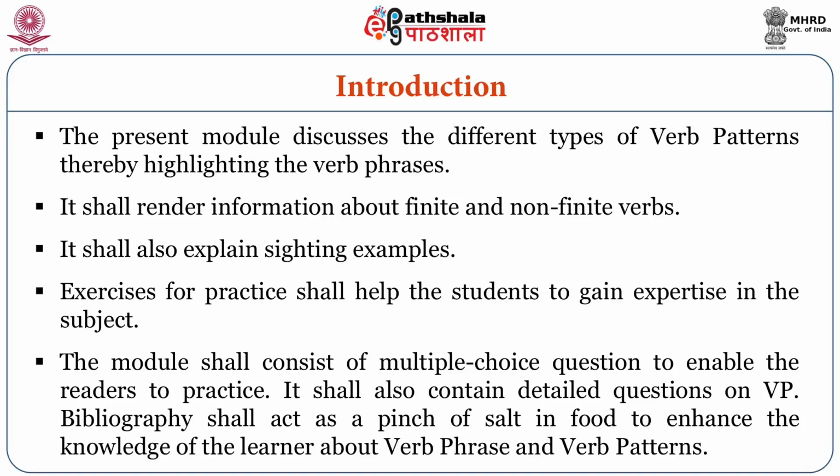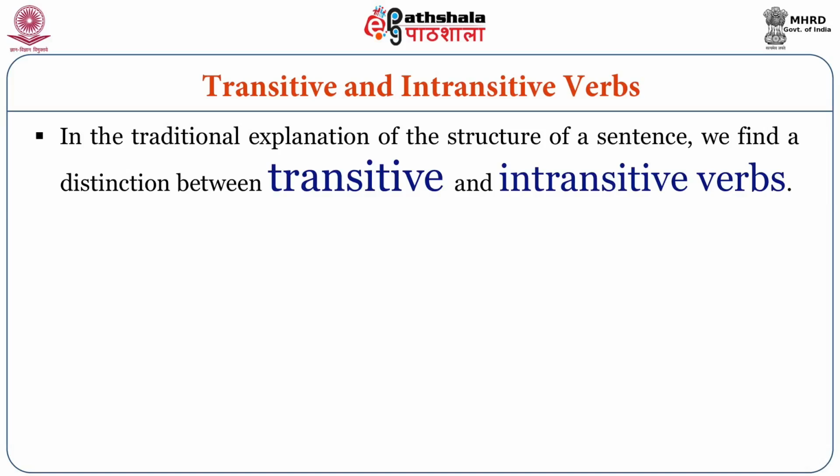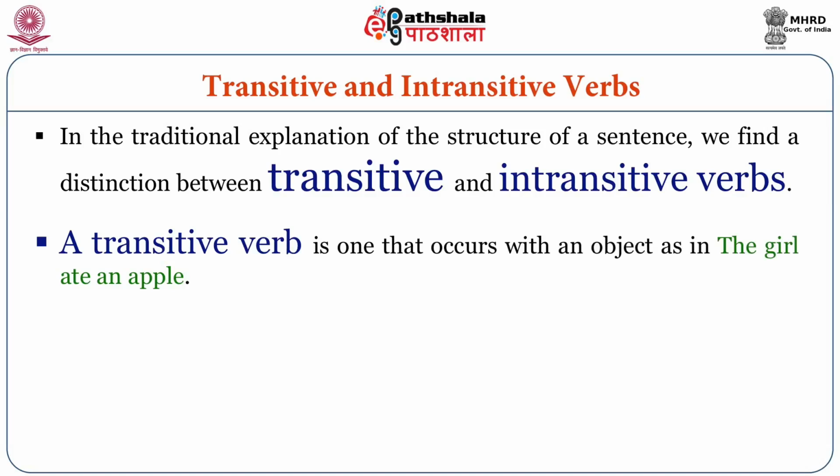and verb patterns. In the traditional explanation of the structure of a sentence, we find a distinction between transitive and intransitive verbs. A transitive verb is one that occurs with an object, as in, the girl ate an apple.